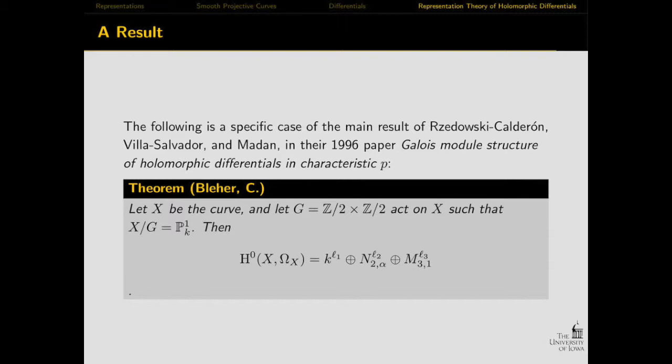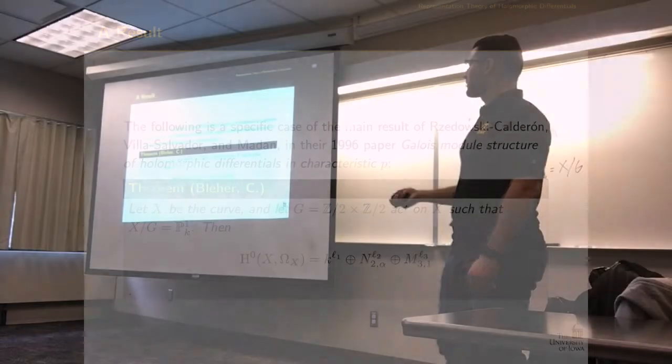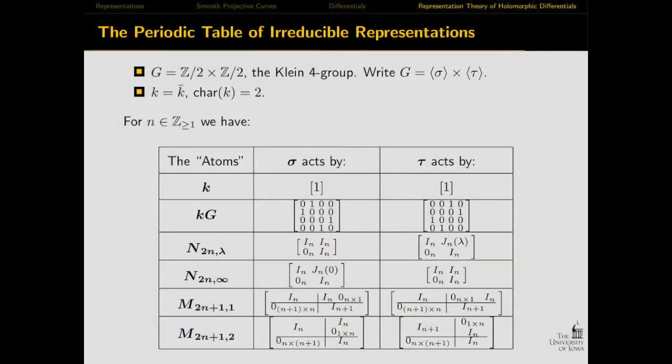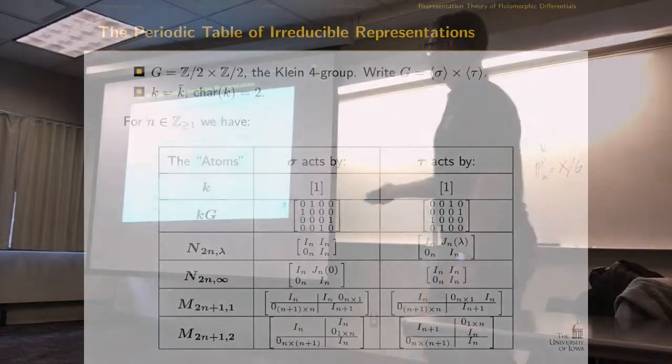And so with all these, if we go back one slide, you have infinitely many atoms here, and it turns out that you only have 3 of them showing up. The reason that the first subscript is 2n is because it's even dimensional of degree 2n, and same thing here. And then these last 2 are odd dimensional, of dimension 2n plus 1.